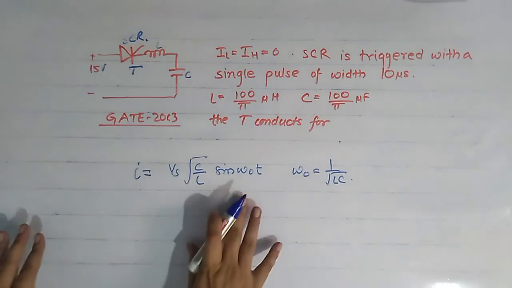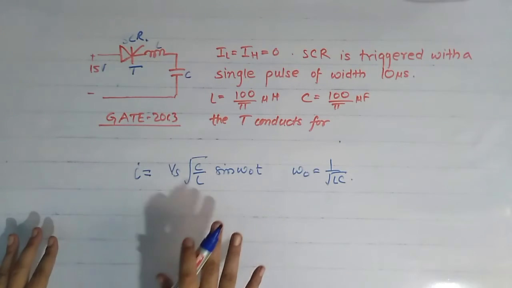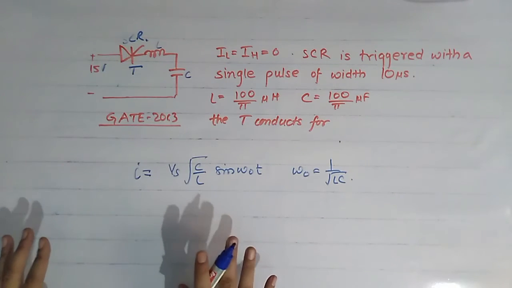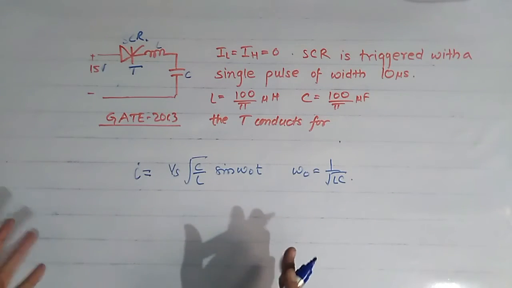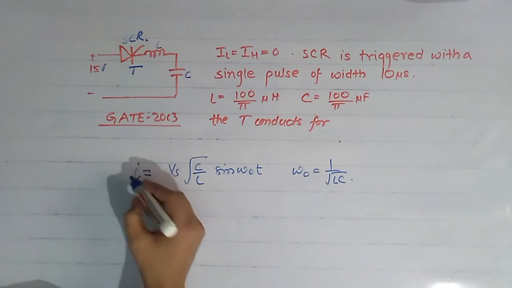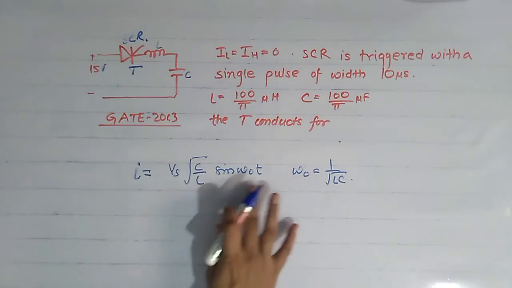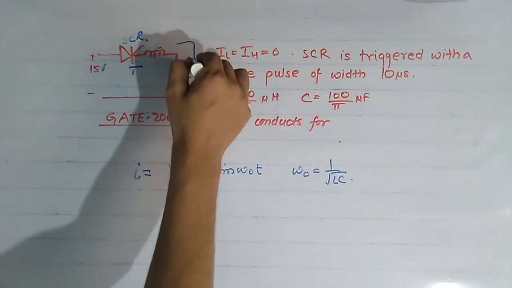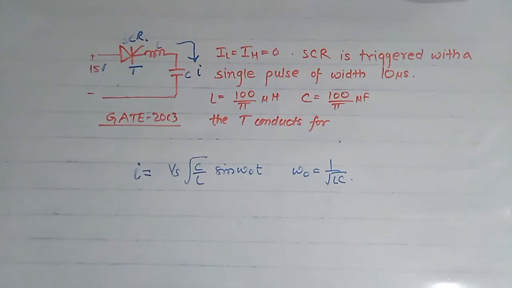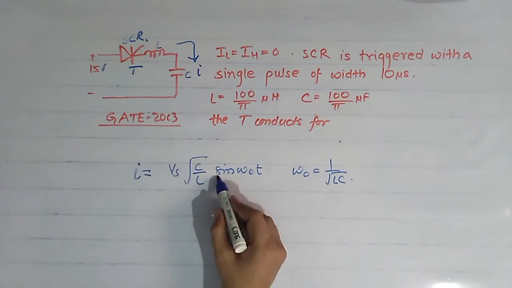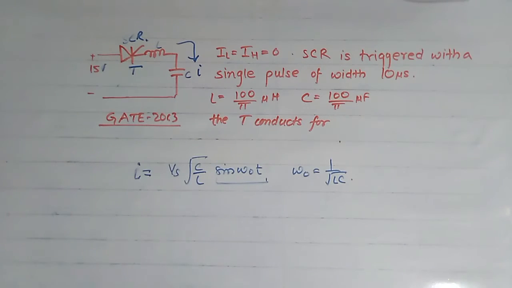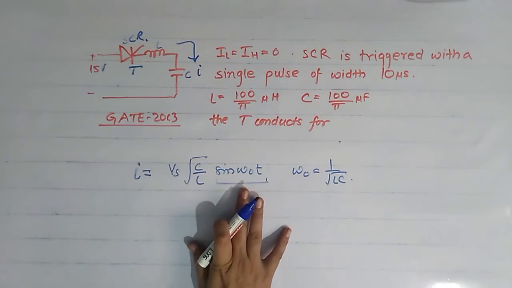This equation has been derived in the lecture on diode LC circuit with and without diode. Here this current is I. Now we can clearly see that this current is sinusoidal.